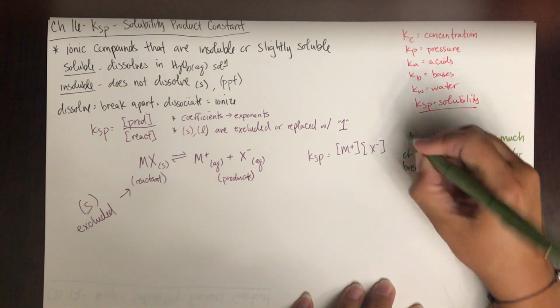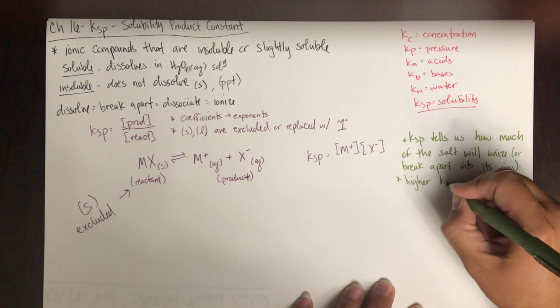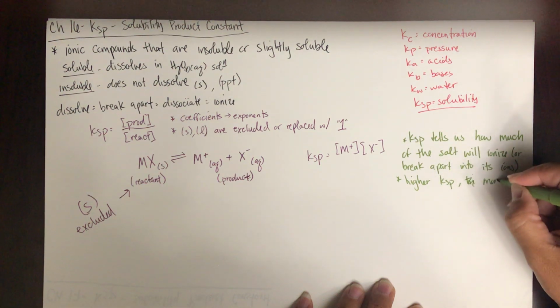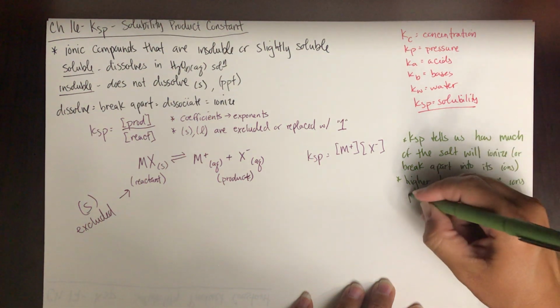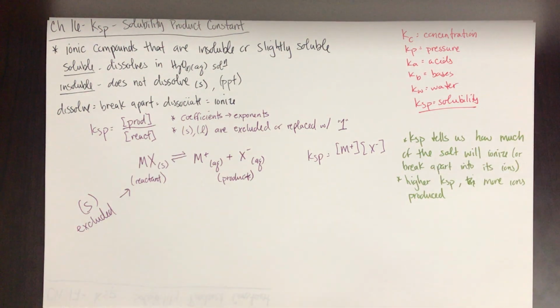The higher the Ksp, the more ions produced, the more of the salt that will break apart.